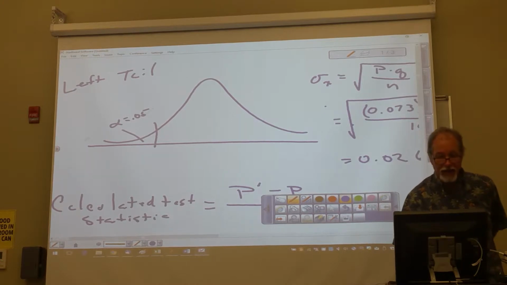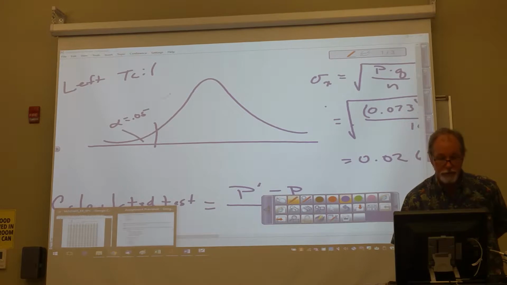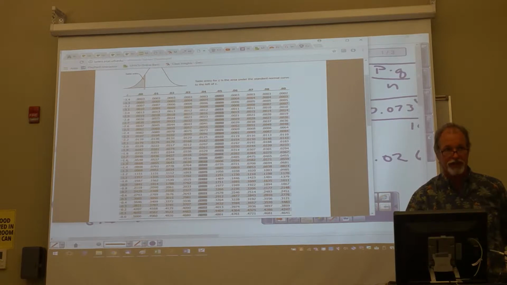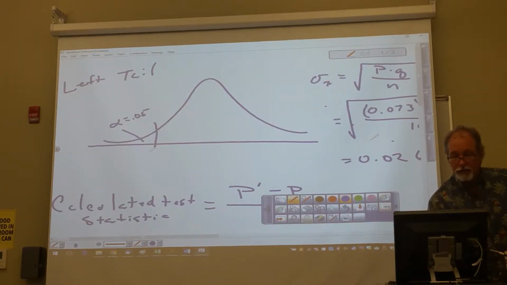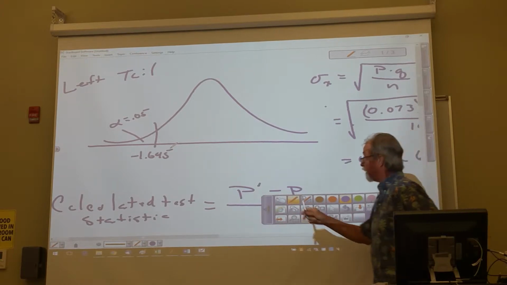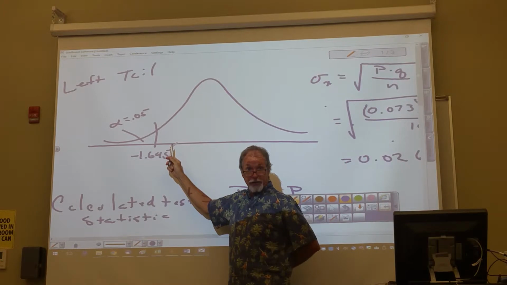So if I go back and look that up in my Z table, that means I want 0.05, so I look at that, and there's my old friend, negative 1.645. So there's my table value. So I'm going to reject my null hypothesis if what?